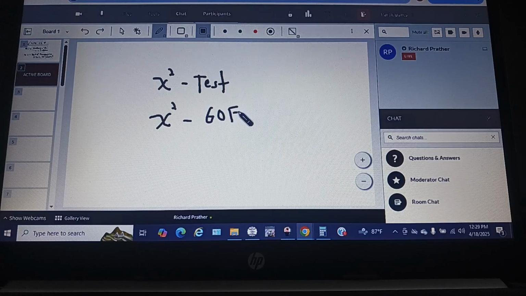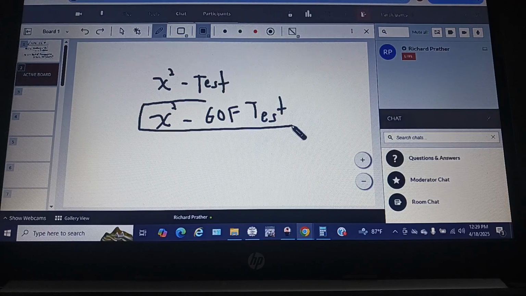GOF is goodness of fit, which is what section 11.1 uses. If you have that one, you'll be able to get the critical value, the test statistic, and the p-value more easily. So then click that option for the GOF test.